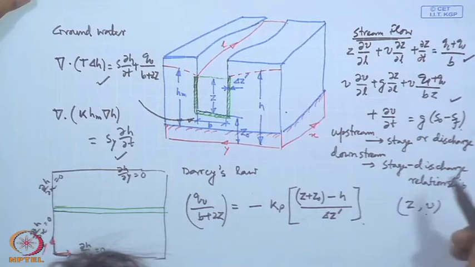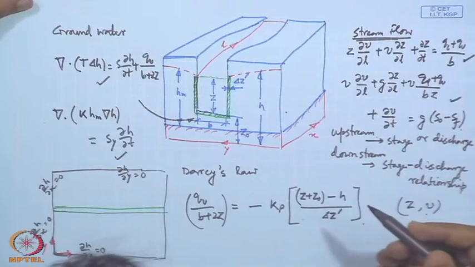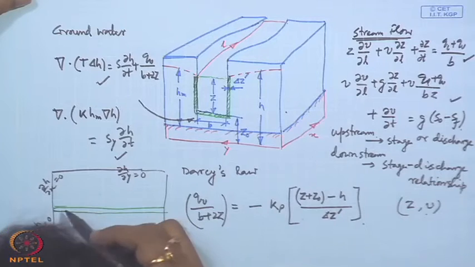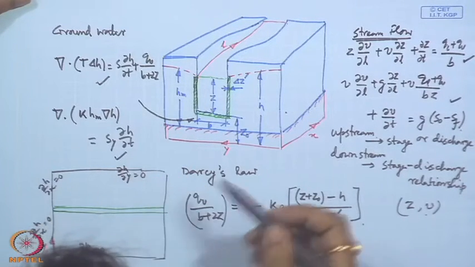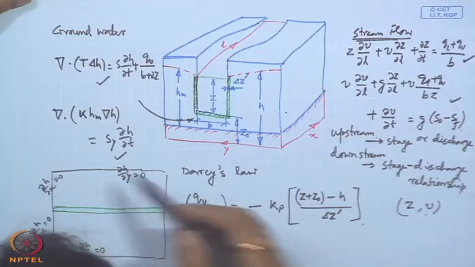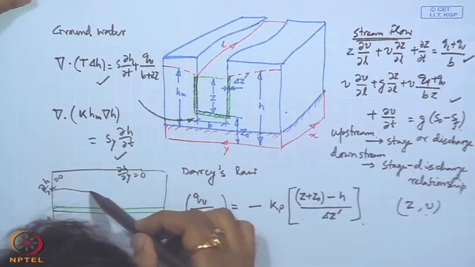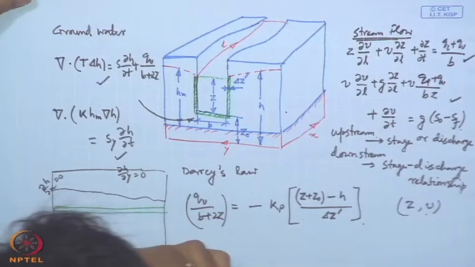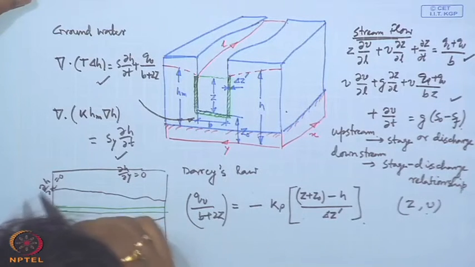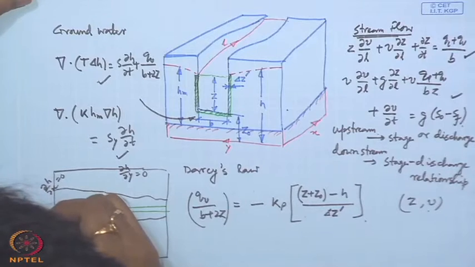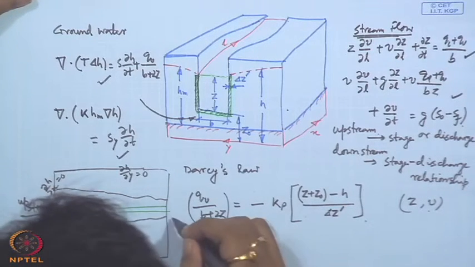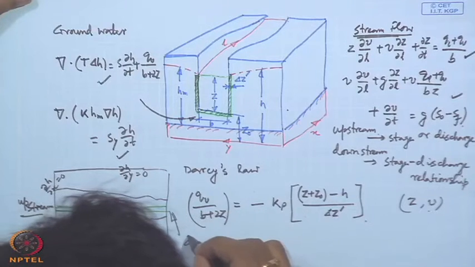With this configuration we can get the variation, where this is our upstream direction and this is our downstream portion.